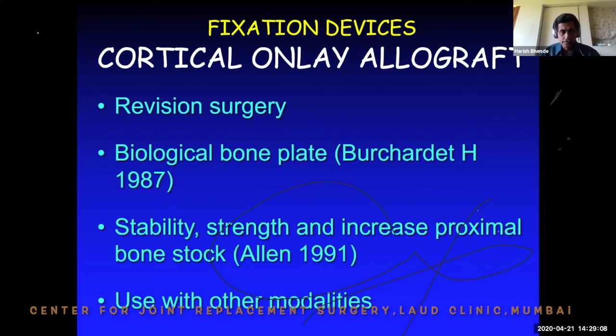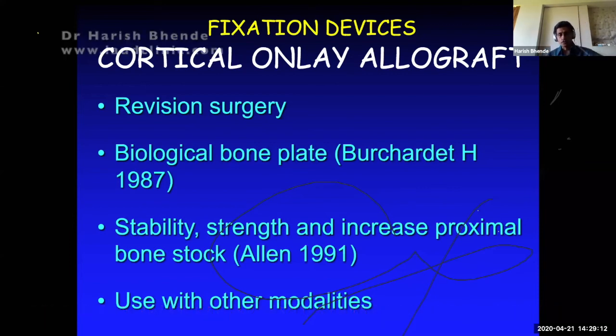Many articles have been published, but most of them are from before 2000. These are articles from Burkhardt from 1987 and Allen 1991, and they mention using a large cortical onlay graft from allograft. However, today we prefer a non-cemented large implant.